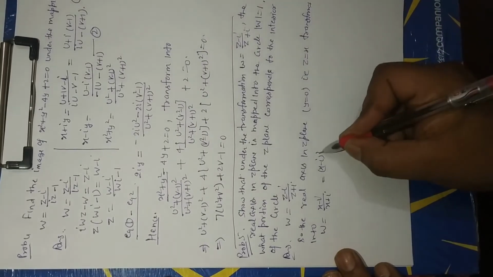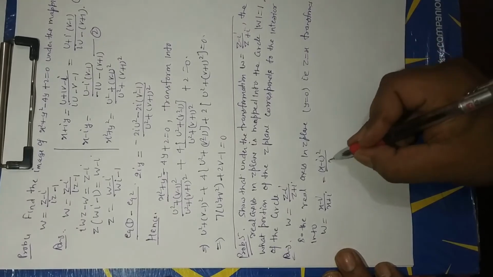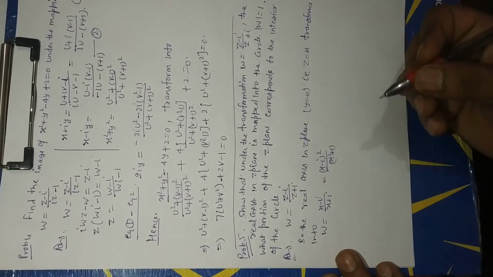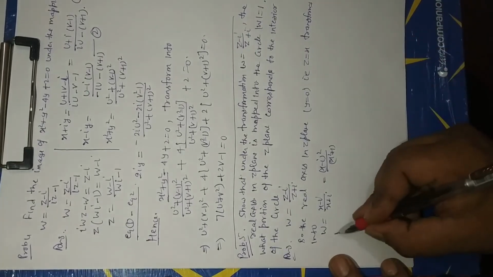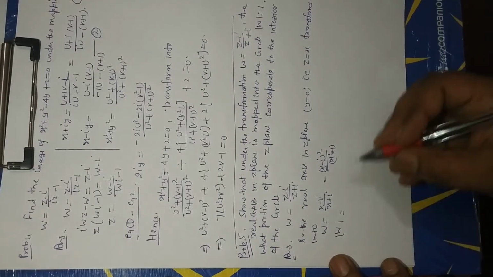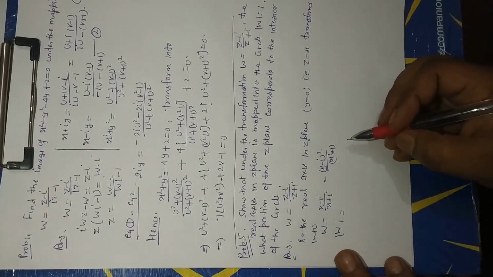Now (x minus i) whole square upon x square plus 1. Taking modulus of W.